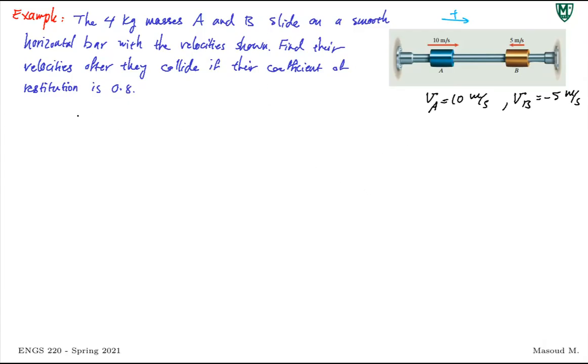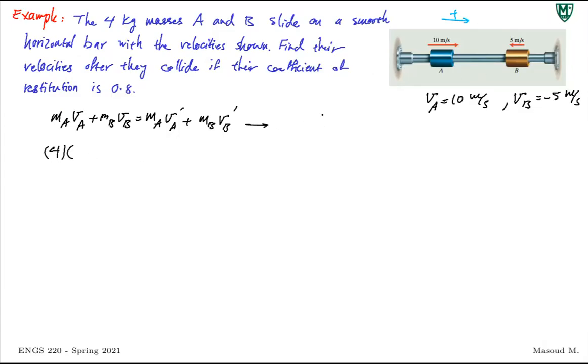So we had MA VA plus MB VB is equal to MA VA prime plus MB VB prime. All right, and plug in the values. You have M as 4 kilograms. Even if you were not given the value for mass, you would have been fine here because they have the same mass. But let's just plug in everything.